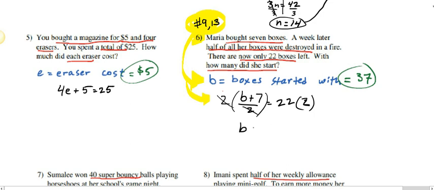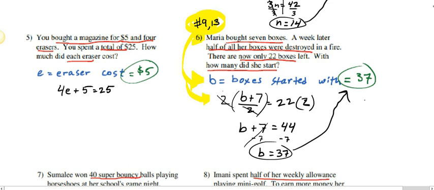That leaves us with b plus 7 equals 44. 2 times 22 is 44. Now we know this last step, subtract 7 on both sides, and you get b equals 37 boxes, just like we figured out on our own.